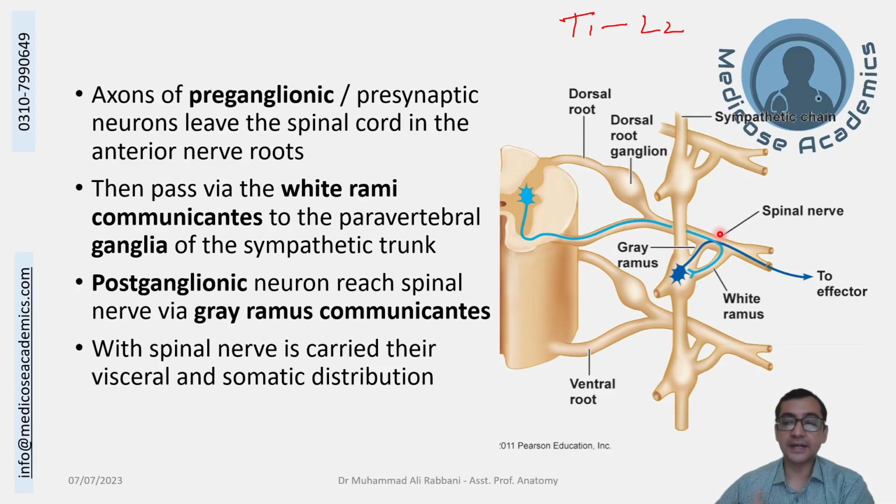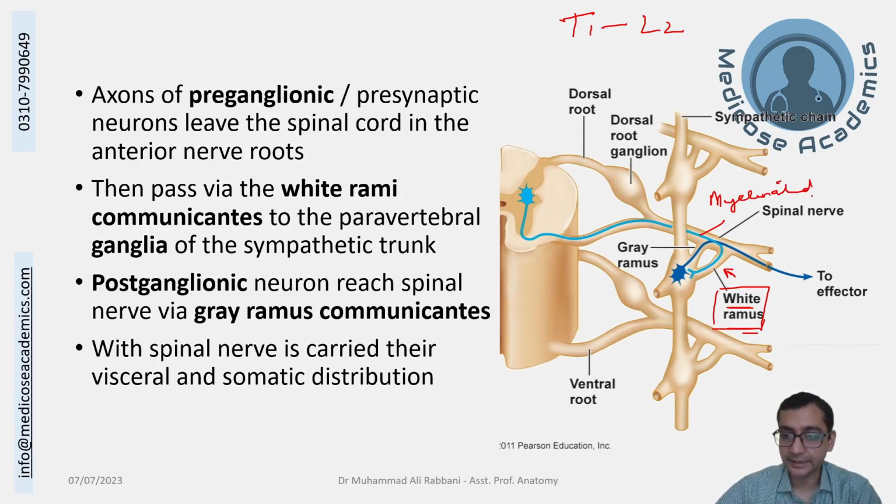It is very common sense that it has to somehow reach the sympathetic chain. It is for now in the spinal nerve, it has to reach the sympathetic chain. The connection that helps us reach the sympathetic chain is known as white ramus communicantes. By the word white, you may get the idea that these presynaptic fibers are actually myelinated.